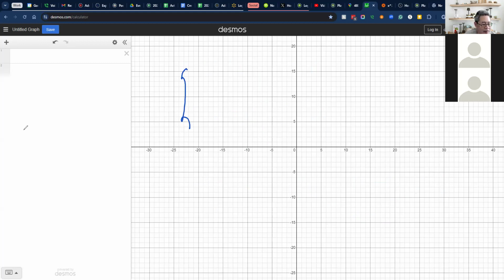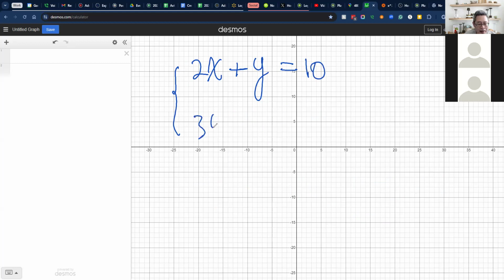Let's try another one. So 2x plus y equals 10. Then we got 3x plus, let me change that to 2y equals 15.